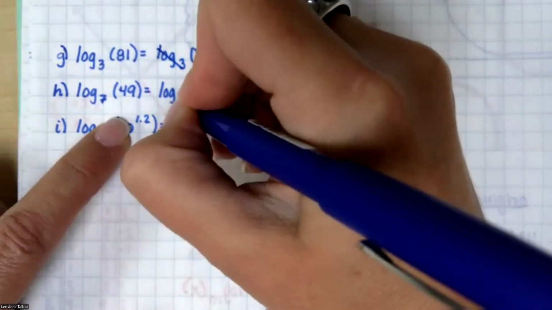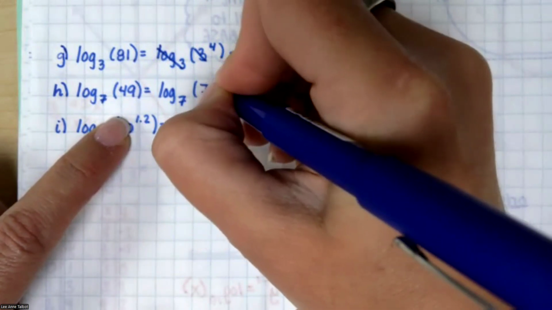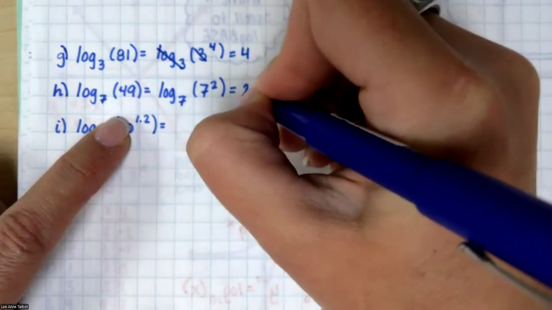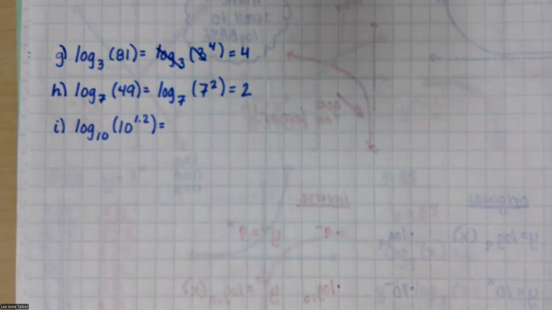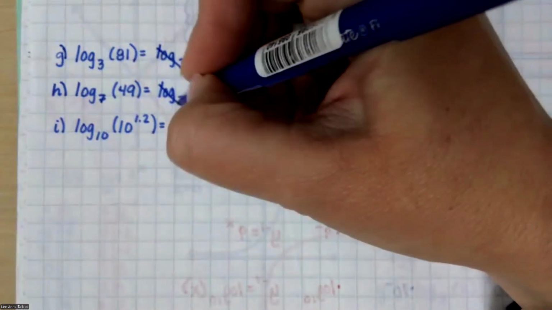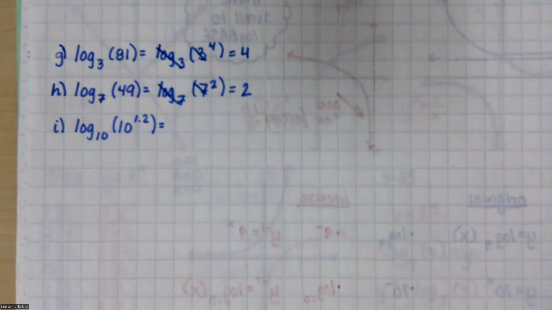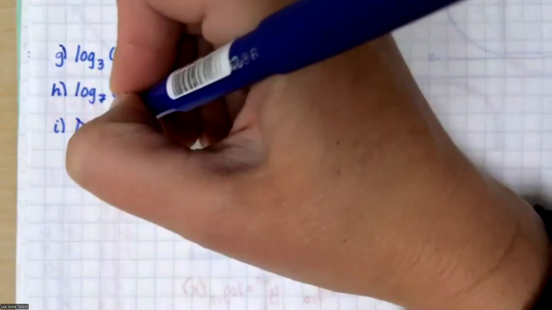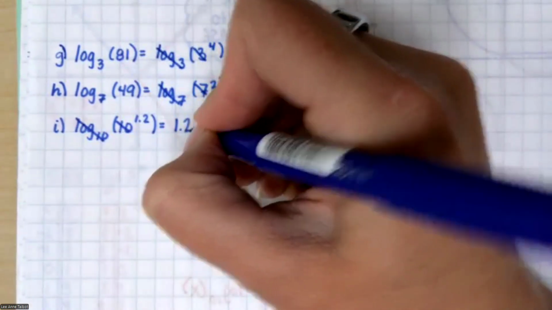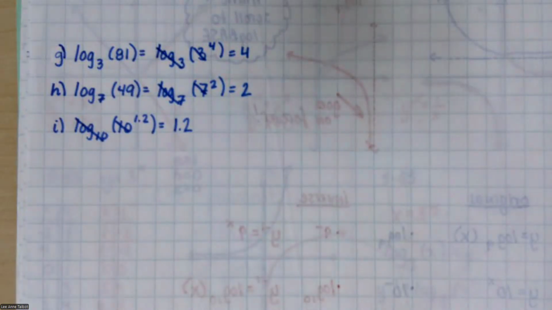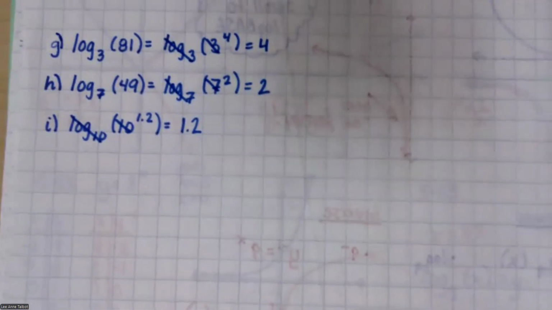Log base 7 of 7 squared is 2. Undo, undo. And then I is so amazing. Undo, undo. 1.2. You can do that if you understand that the inverse of an exponential is a log and they undo each other as long as you have the same base.